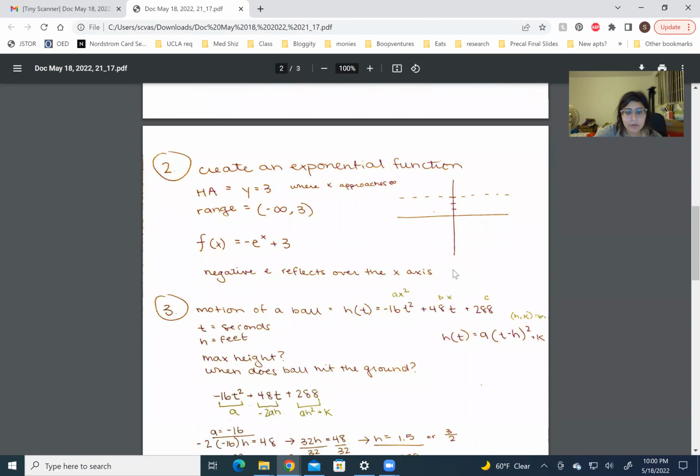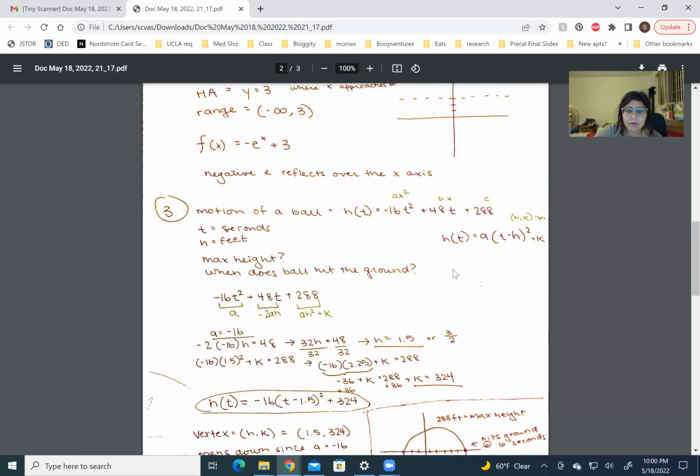For question number 3, it wasn't a word problem, but basically finding out the t in seconds and the height, in feet, of the motion of a ball. So we were given this equation in standard form, and then we changed it to be in this form.